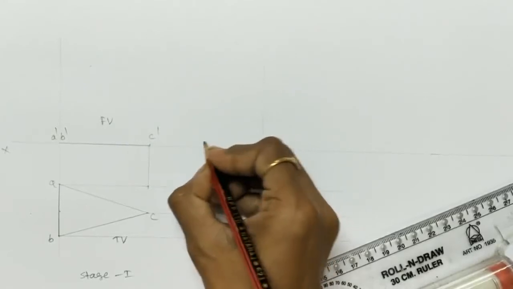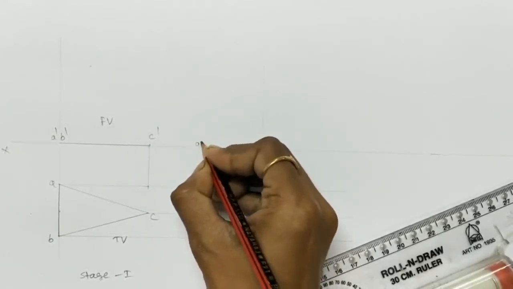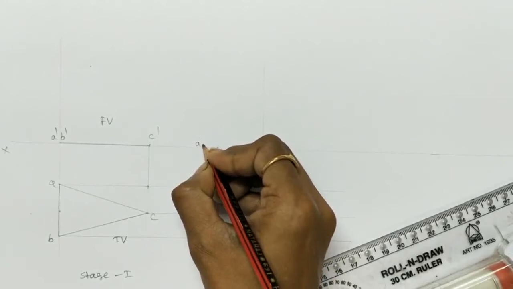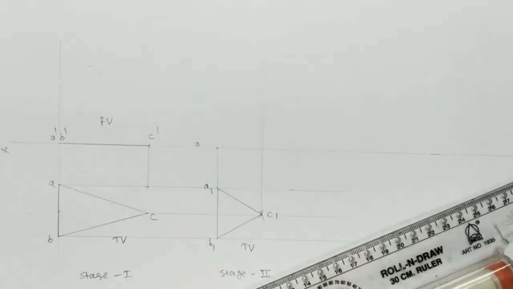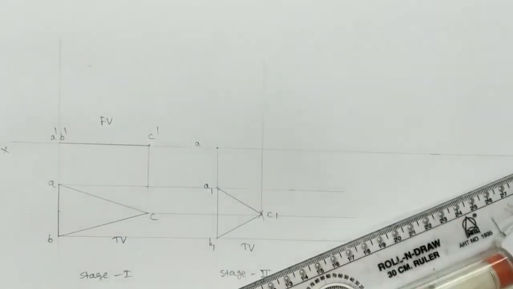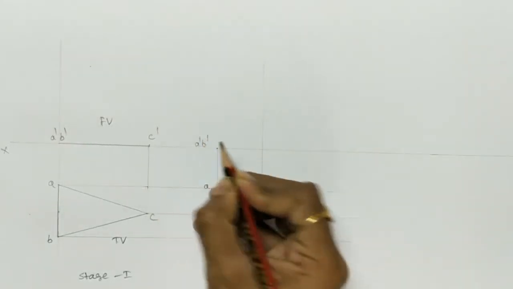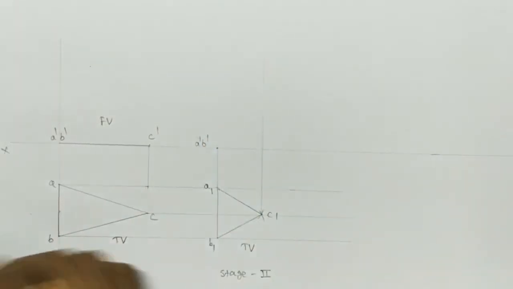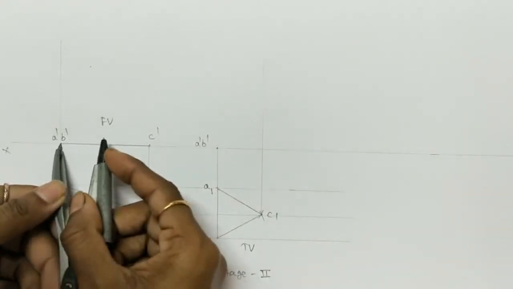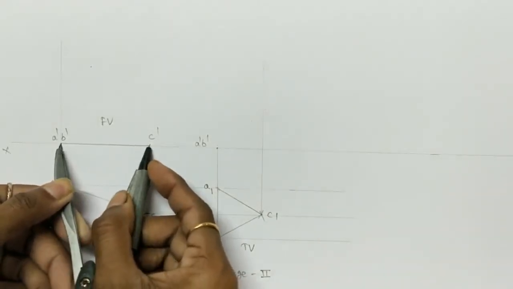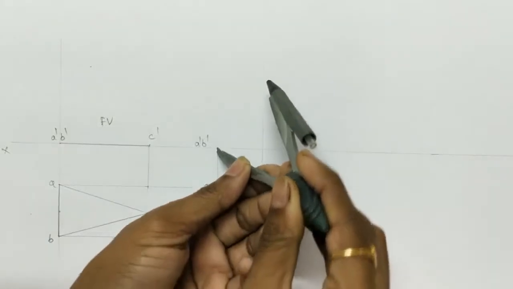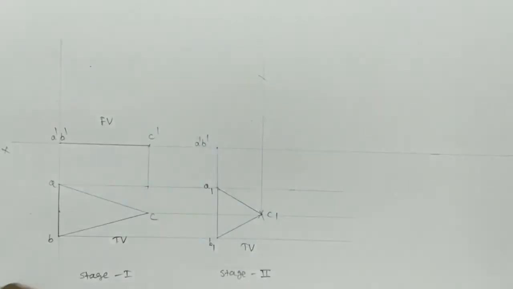This is point A dash, B dash, and now take the distance from this front view and draw an arc on this line, which is the projection from the top view.